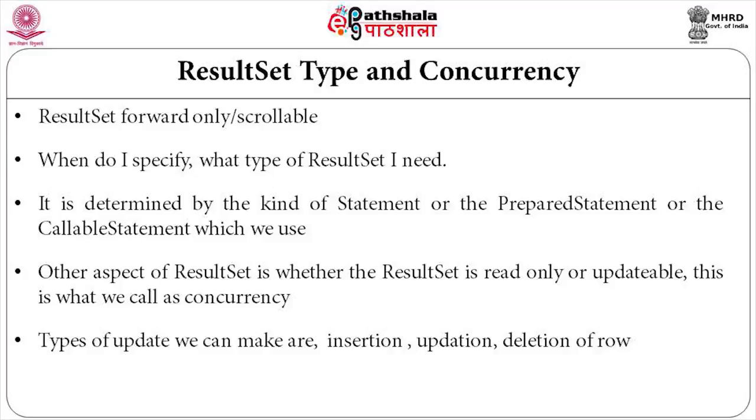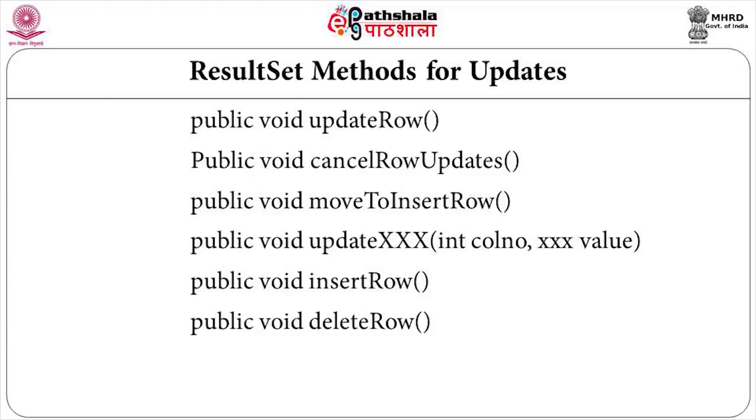Again, for this type of concurrency we have integer constants, CONCUR_READ_ONLY and CONCUR_UPDATABLE. These are integer constants in the ResultSet interface, which could be used while creating the statement. So when you create a statement, you could be passing information related to result set type and result set concurrency.